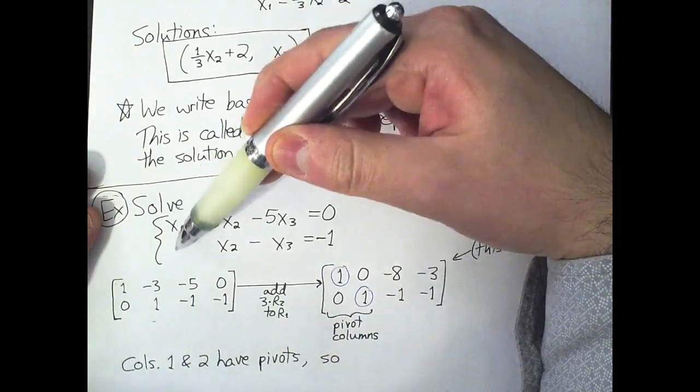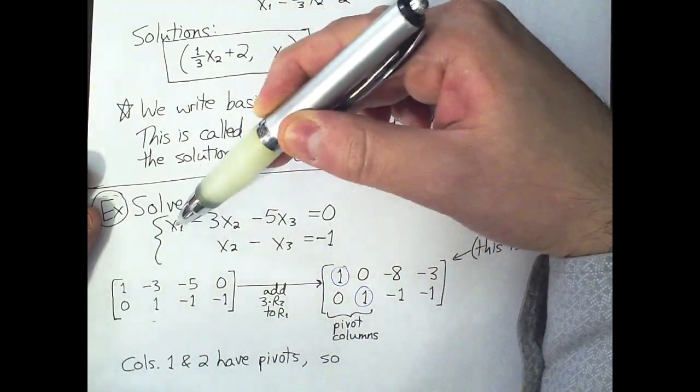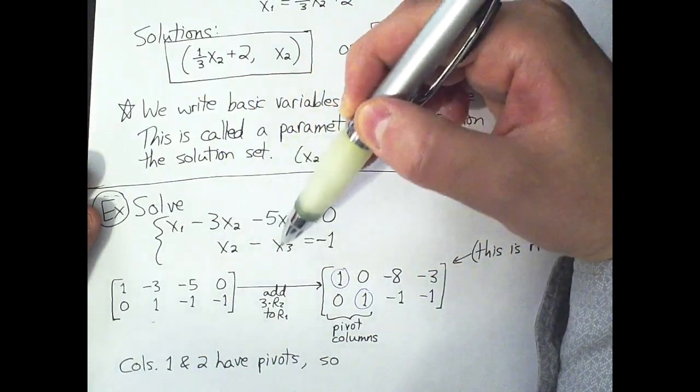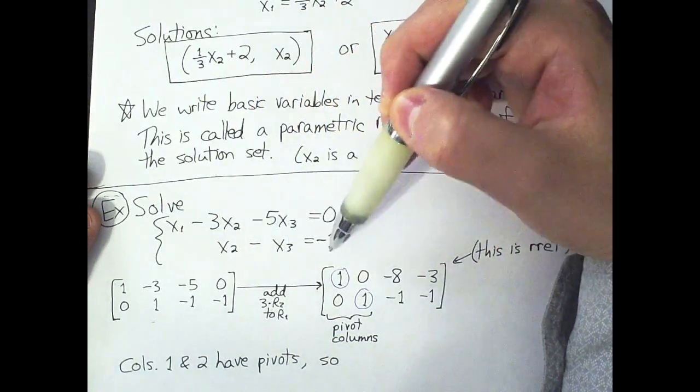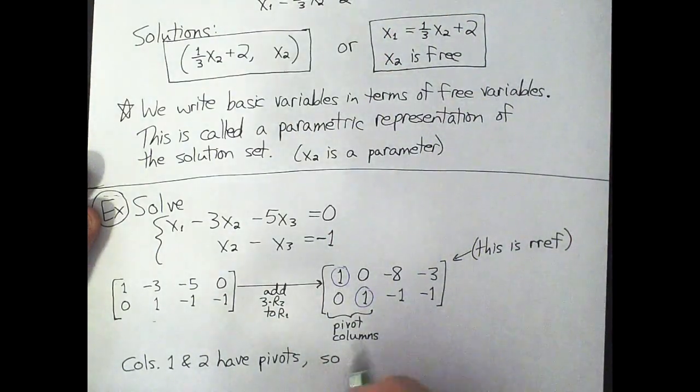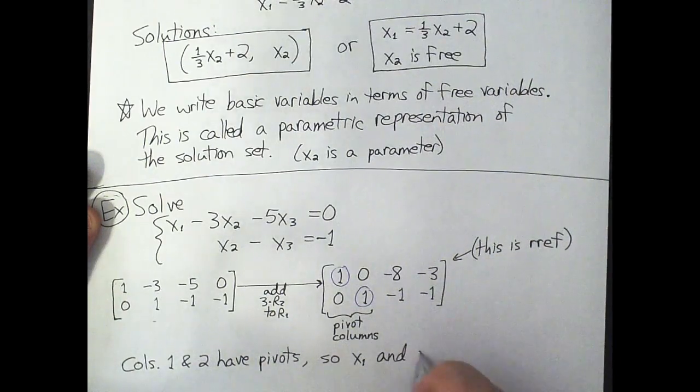The first column is kind of the x1 column. Second column is like the x2s. Third column is the x3s. Fourth column is the right-hand side. So the x1 column and the x2 column have pivots. This means that x1 and x2 are basic.